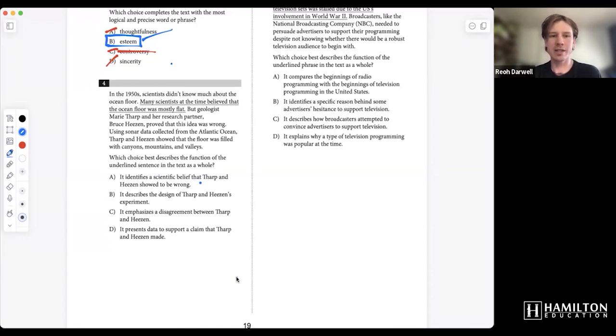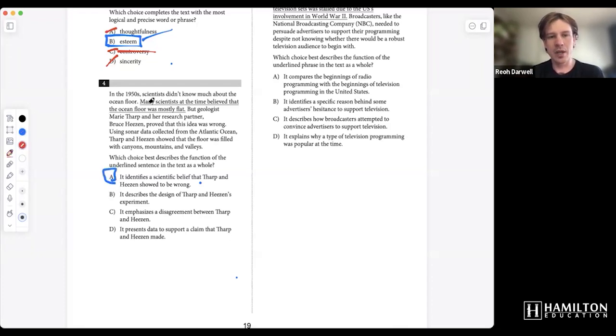So many scientists at the time believed that the ocean floor was mostly flat, right? So what do we see? Well, Marie Tharp and her research partner, Bruce Heezen, proved that this idea was wrong. So that seems like a pretty clear way to identify what this is, which is A.